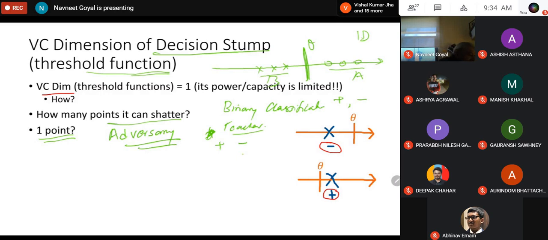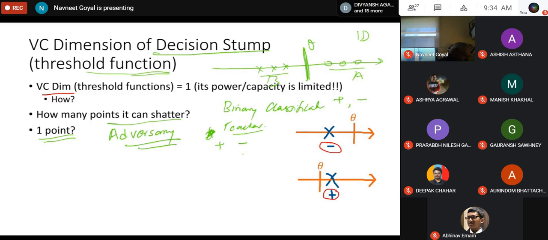Now the idea is, can you find a grade cutoff such that whatever grade the teacher gives, you are able to put a theta in such a way that points to the left have negative grades and points to the right of theta have positive grades?